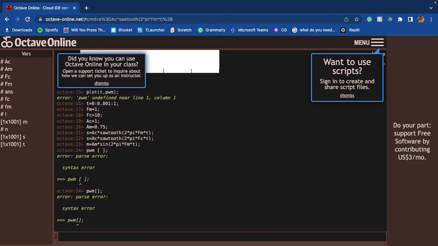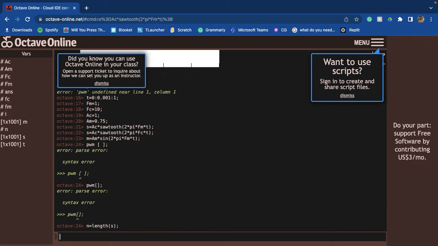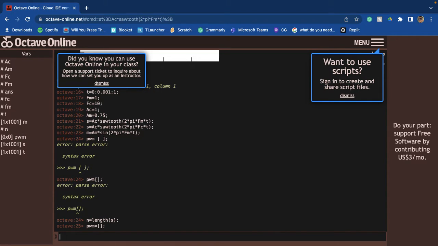I have to let n be equal to the length of my sawtooth signal, length of S, and PWM is equal to... that's right, I should have defined n before.